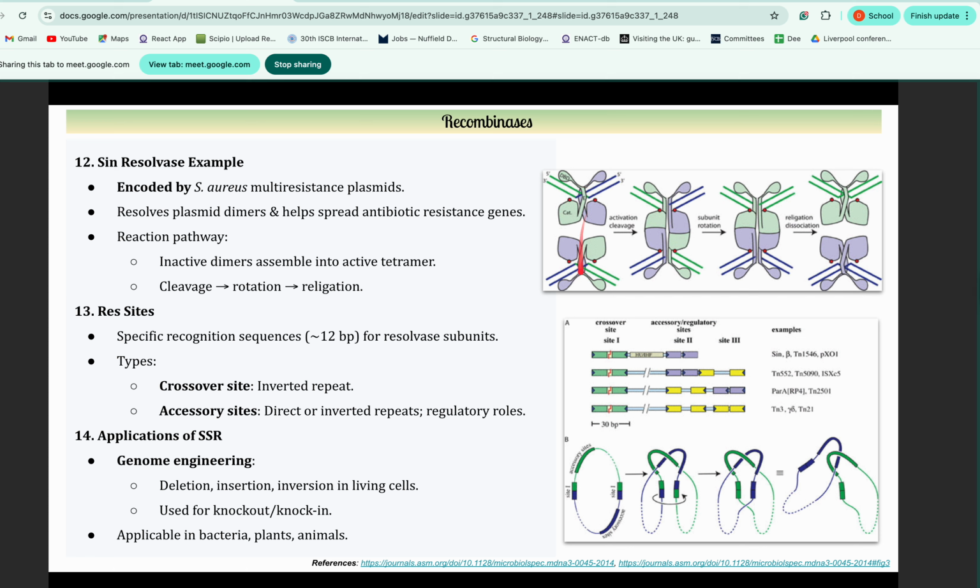So this was when the segment has been recombined. Now from the recombined segment, it can again come back to the known crossover products. So both ways it can work.